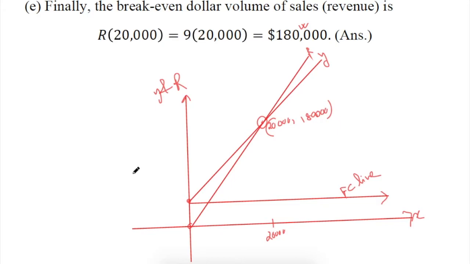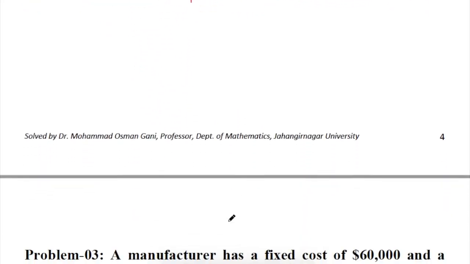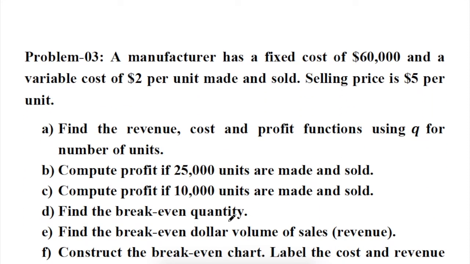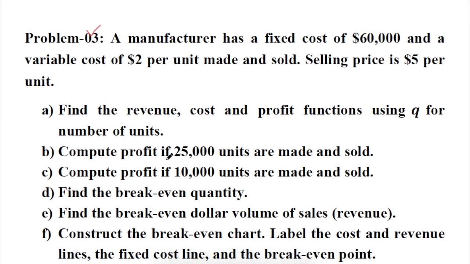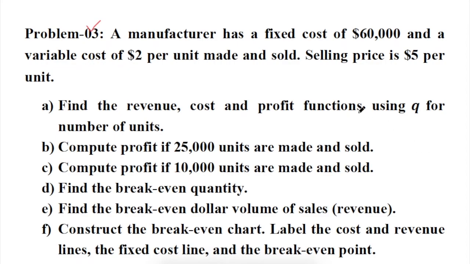And you know this is the loss region, and this region is the profit region. So now let us think about the next problem. This is also exactly the same, but the difference is here your question tells you to use Q for the number of units.